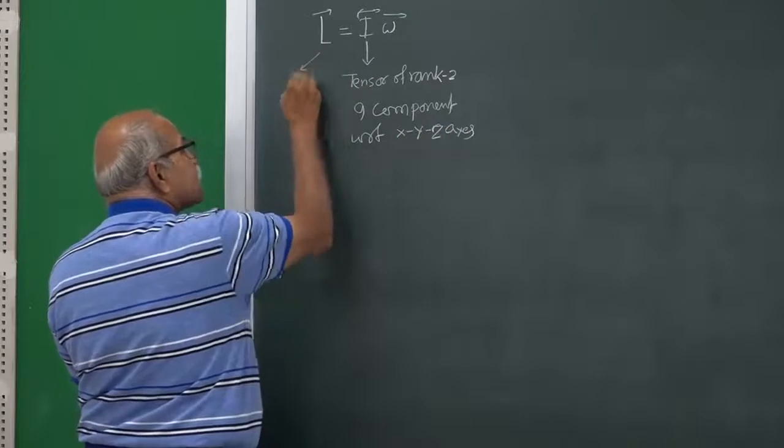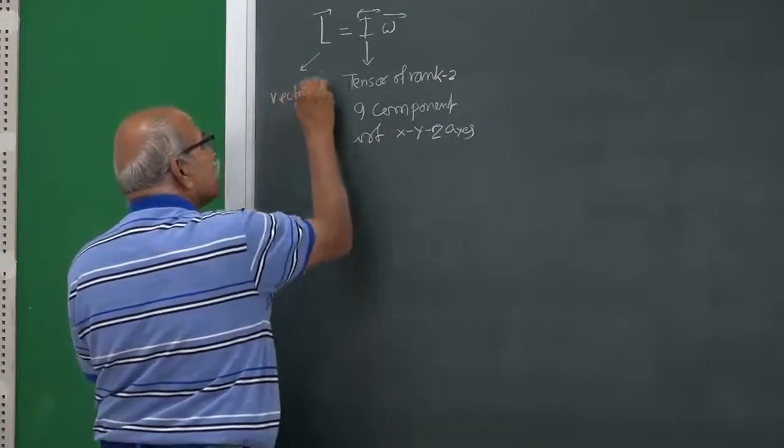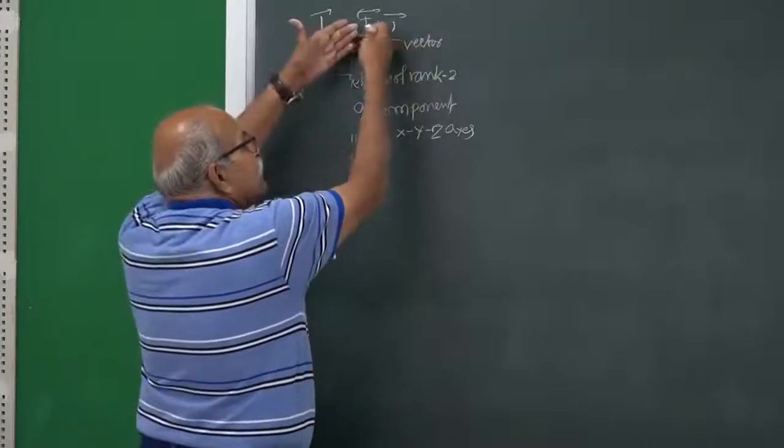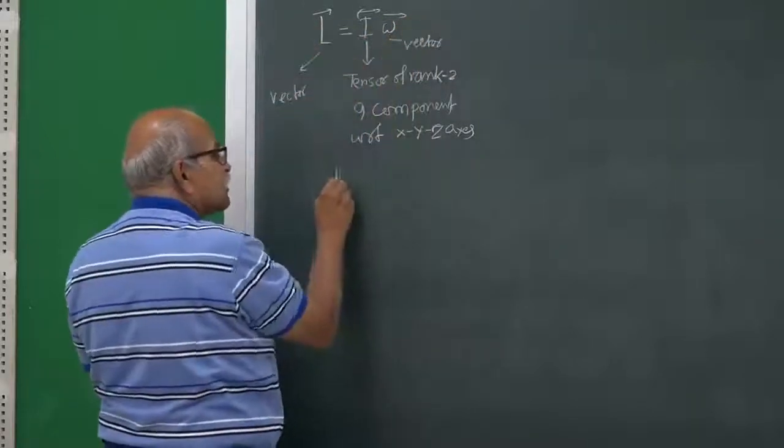This is a vector, and this multiplication here is like a matrix multiplication.